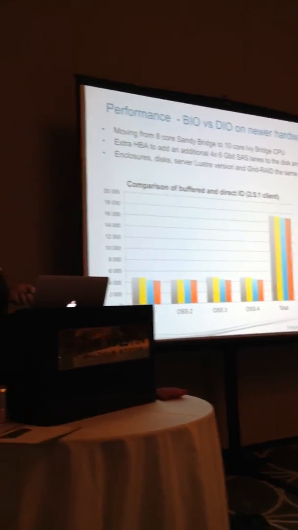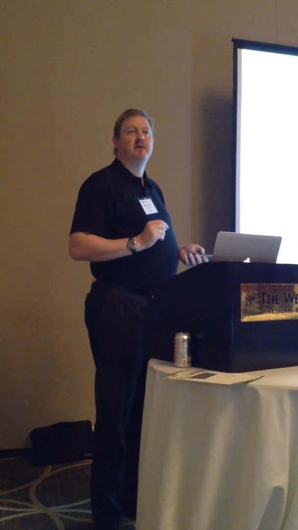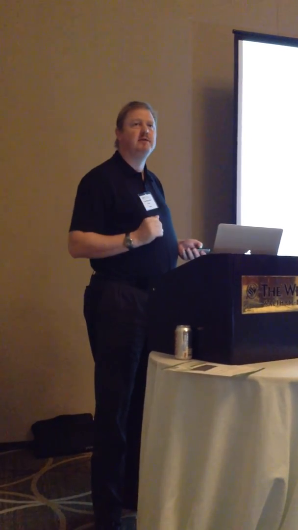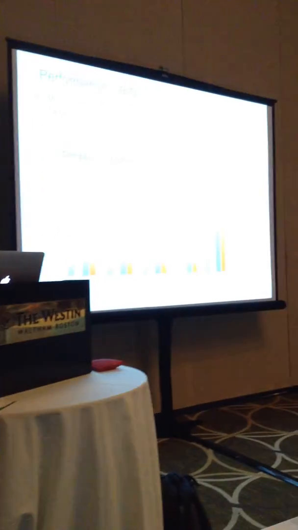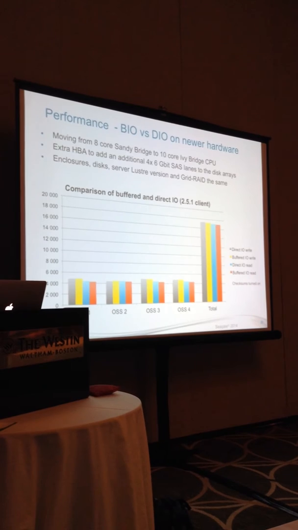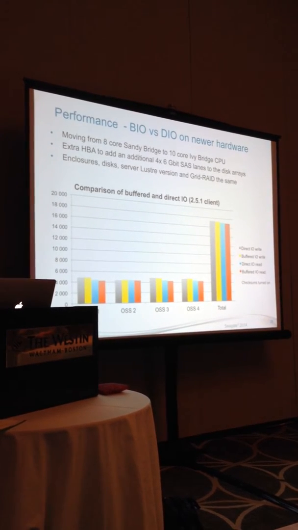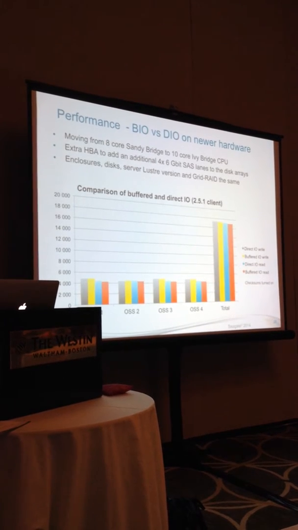Going to a 10-core Ivy Bridge instead of an 8-core Sandy Bridge gives us 50% more performance in the system. But that's the only change there is. And that means that we can hit close to 18 gigabytes per second out of 2 of these, or close to 9. So, small additions, changing nothing else, really improves performance.